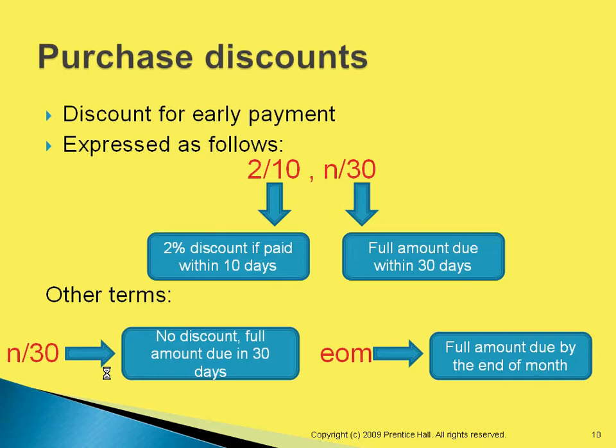We will get a 2% discount if we make a payment within 10 days, with the balance being due in 30. Another term you might see is N/30, which means the net is due within 30 days, or EOM, which simply means end of the month. So there are 3 examples of credit terms that you might see which encourage purchase discounts. Okay?